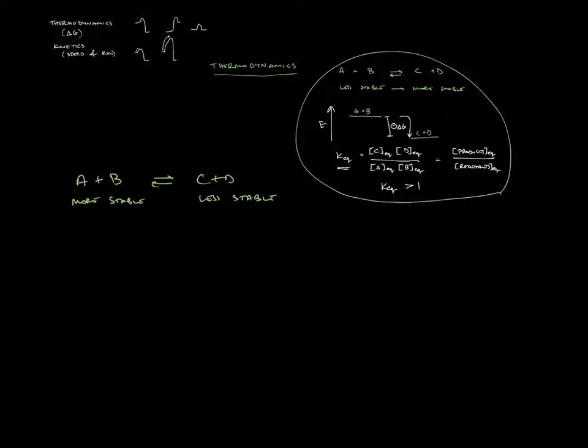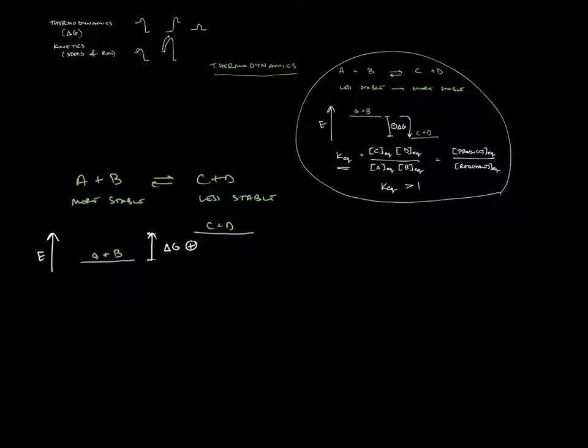In this case, in our reaction energy diagram, we would go from a state that was lower energy, or more stable, to a state that is higher energy, or less stable. If our A plus B is down here and our C plus D is up there, the change in energy is going to be positive. And by positive, we mean it's going up in energy. So we've got a delta G that is positive.